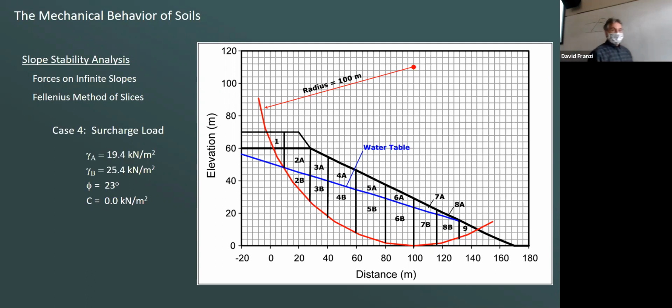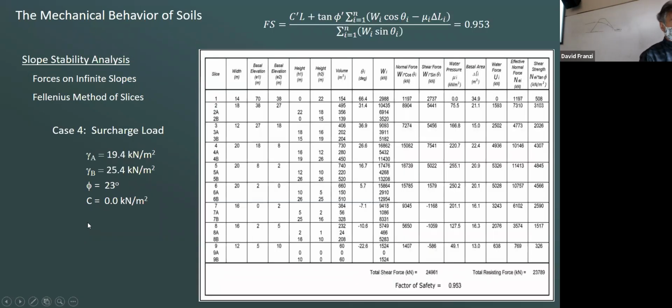Now look, my slice 1 is much thicker, and it goes all the way up to here. So I have to recalculate the size of those slices. And here you go again. Now what I've done is I've increased the driving force at the top of the bank. I've added more positive shear force to the top of that bank.